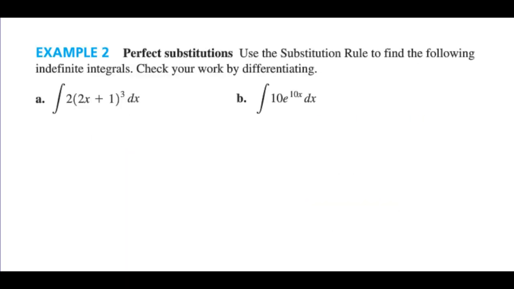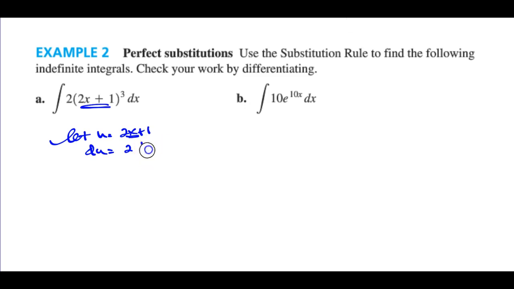So the first example, you can see the inside function. You could spend time multiplying this all out and integrating each little sum, but it might be faster to do a u-sub. So if we let u be 2x plus 1, then du is 2dx because I'm taking the derivative with respect to x.